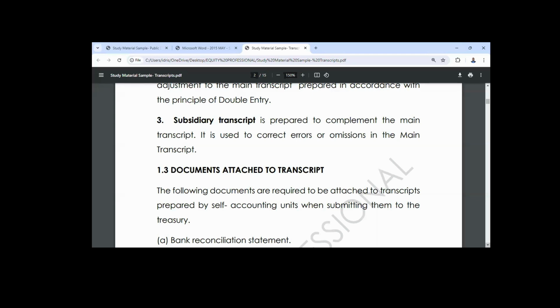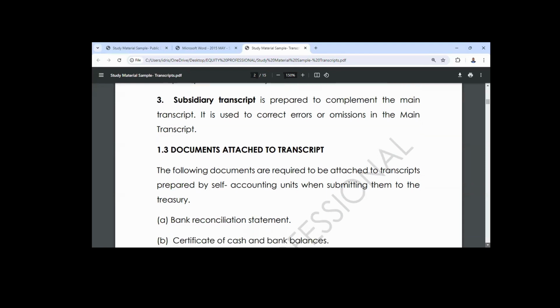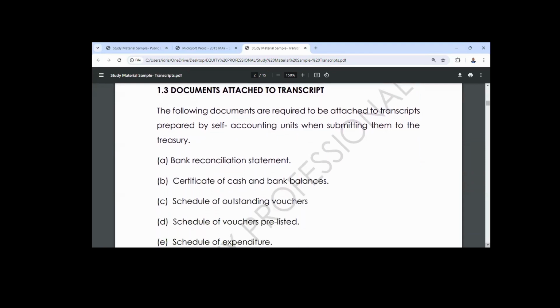When they submit it, we attach some documents to the transcript.